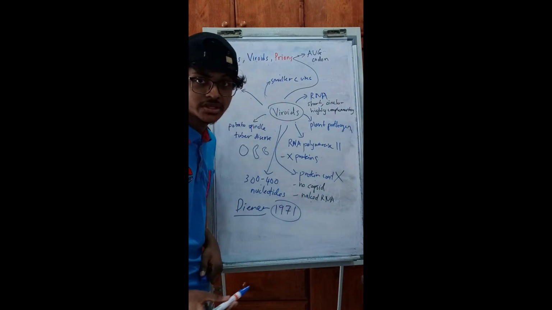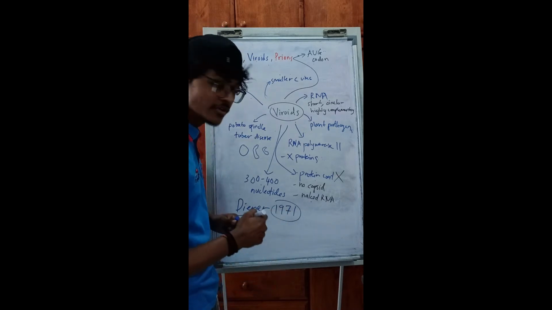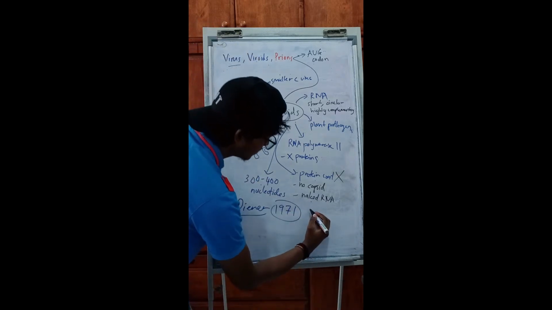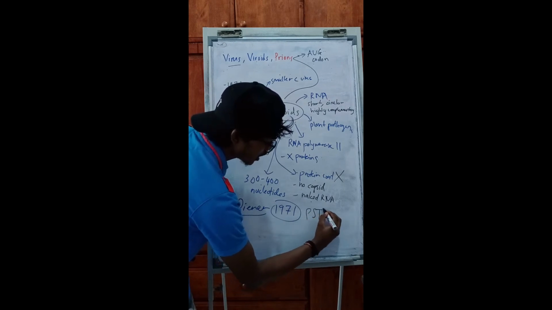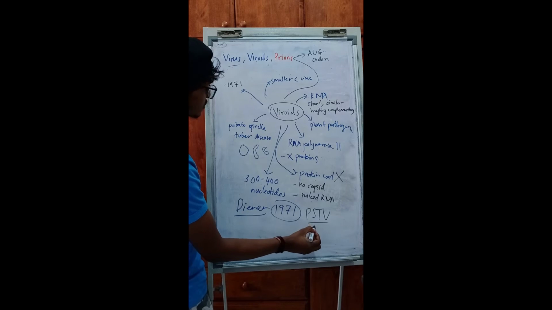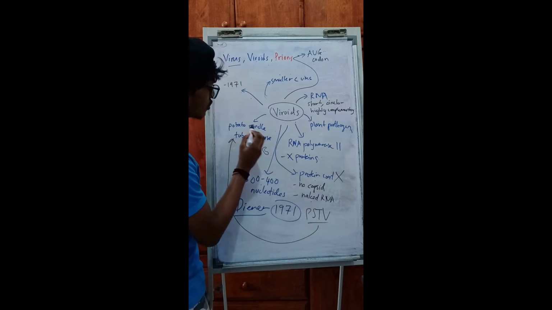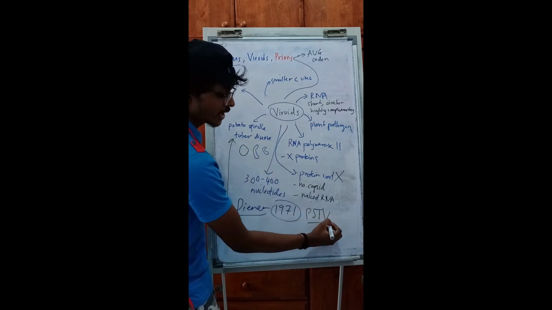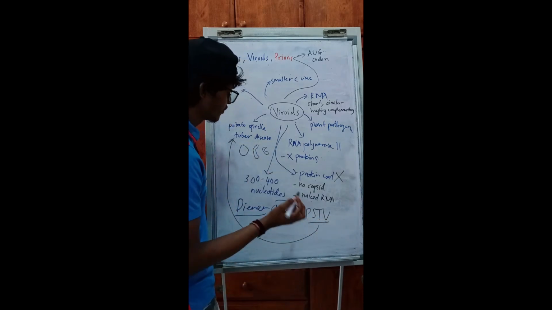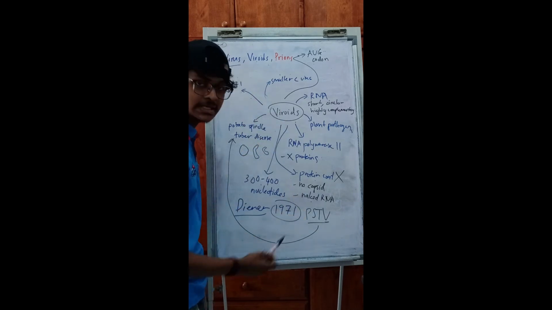The first viroid was named PSTV. You may be wondering what PSTV is. The first viroid they discovered is potato spindle tuber, and V stands for viroid. So that was the first viroid, discovered by Steiner in 1971.